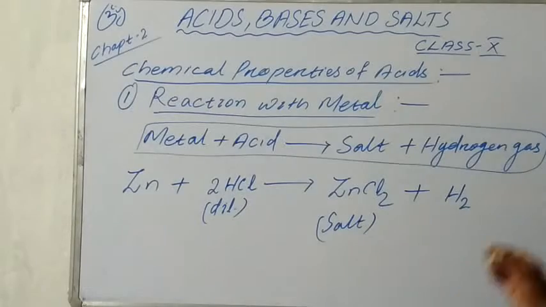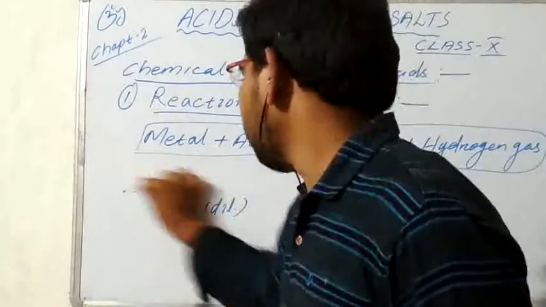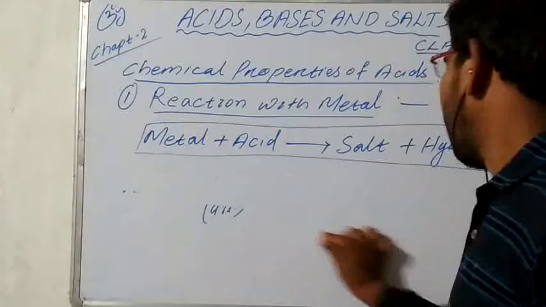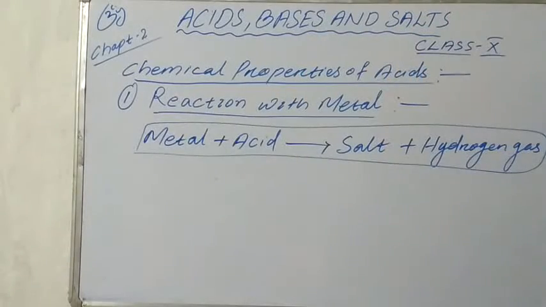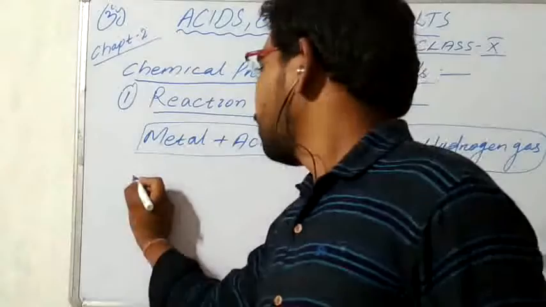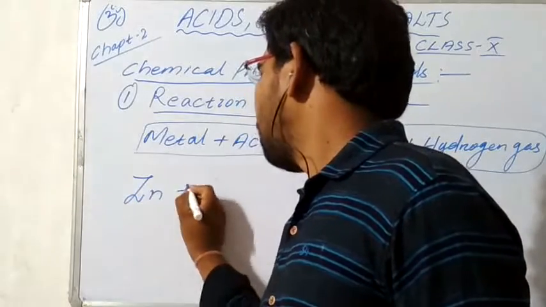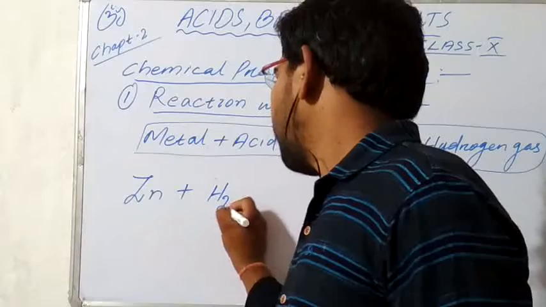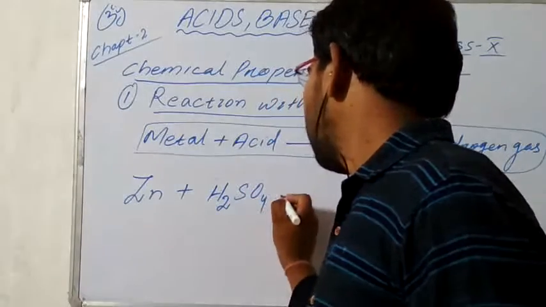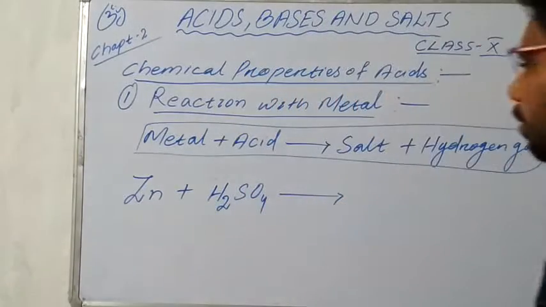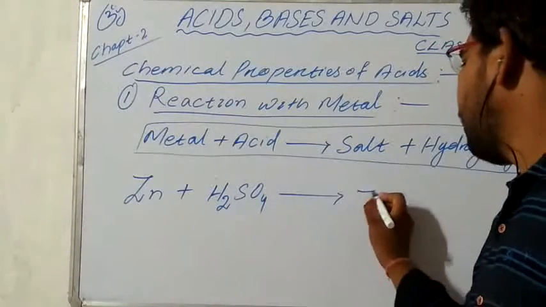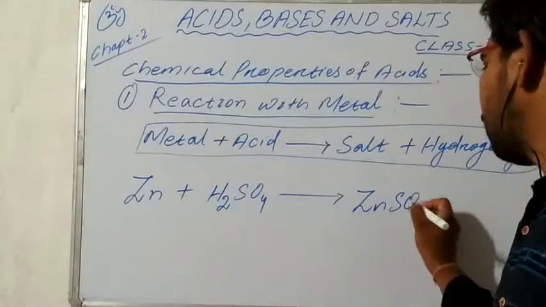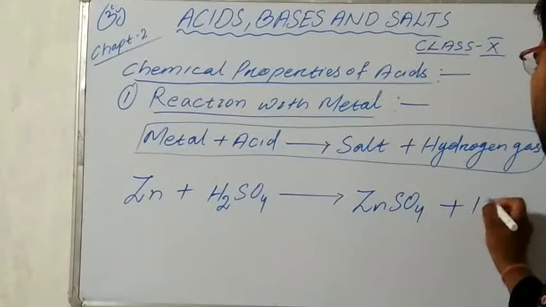Now we take another example. When zinc metal reacts with dilute sulfuric acid, zinc plus sulfuric acid, H2SO4, which salt is formed? Zinc sulfate, ZnSO4, plus hydrogen gas.